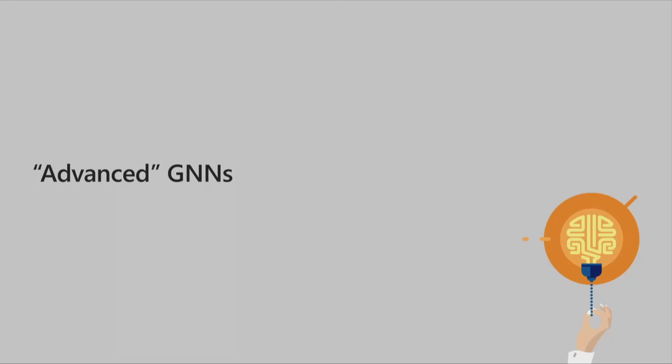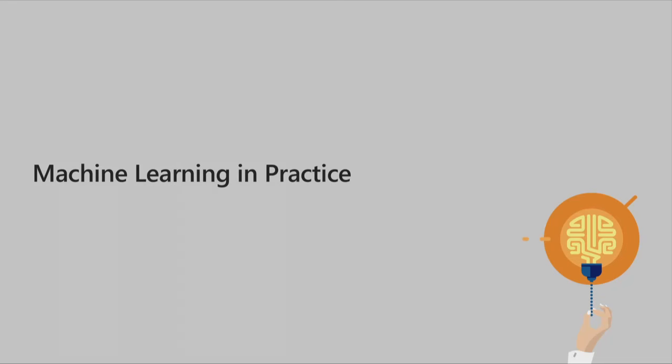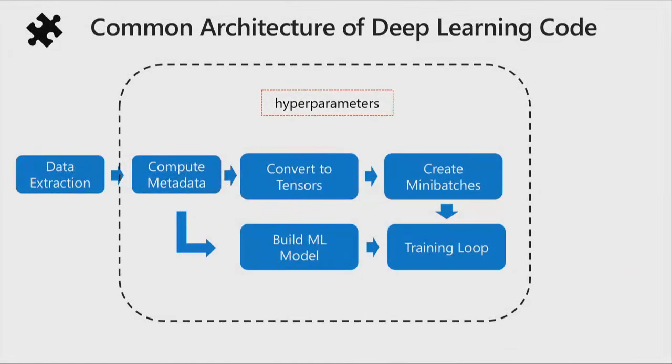So I wanted to conclude with the following more practical, non-graph neural network things, since I expected that mostly the residents would be attending here. But let's talk about how machine learning, deep learning specifically, works in practice. You have your data, and now you have to do the following steps. First, from your data, you compute some form of metadata, some information that you get from your data that will inform what your model looks like.